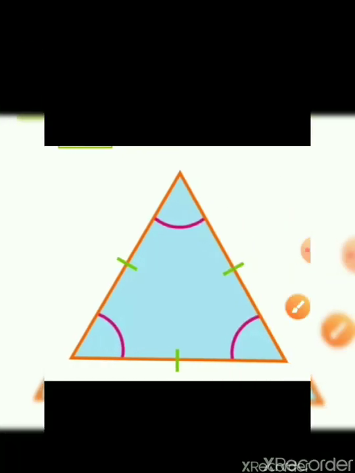Now this is a three-sided figure, 1, 2 and 3, and with three angles, 1, 2 and 3. So this is a triangle. Now a four-sided figure, 1, 2, 3 and fourth side, 4 angles. So this is a square and it's an example of a quadrilateral.